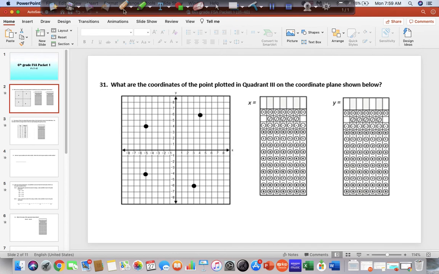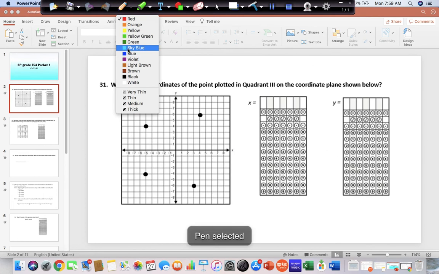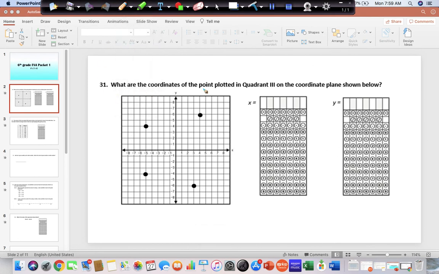Okay, so this first question says, what are the coordinates of the point plotted in quadrant 3 on the coordinate plane shown below? This is our quadrant 3. So we are at -5, -4.